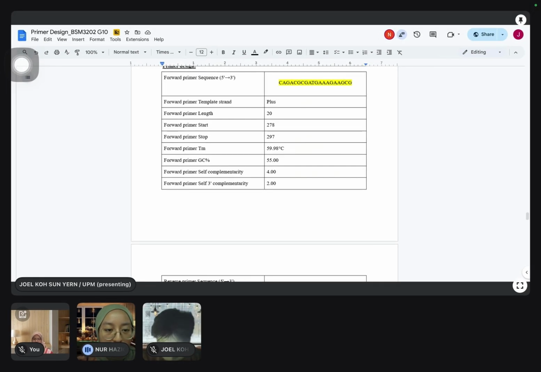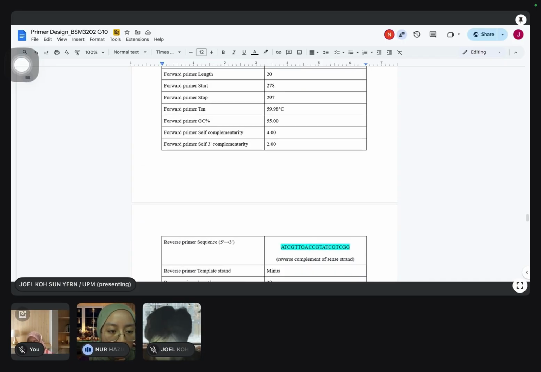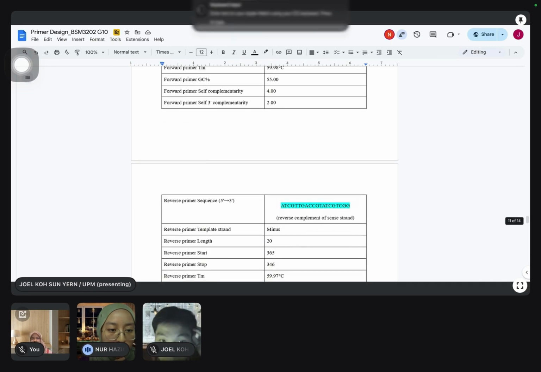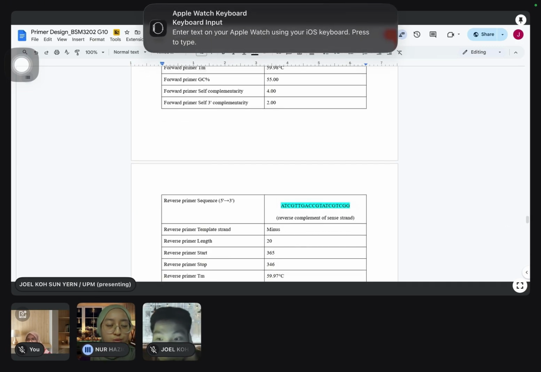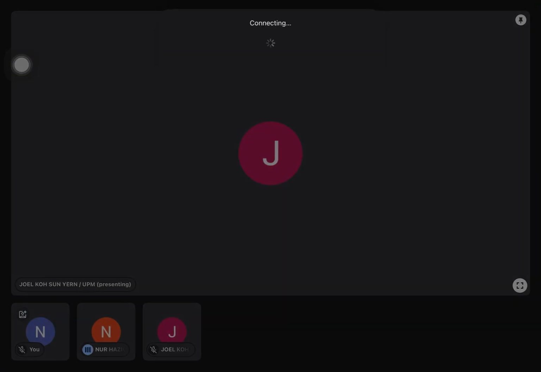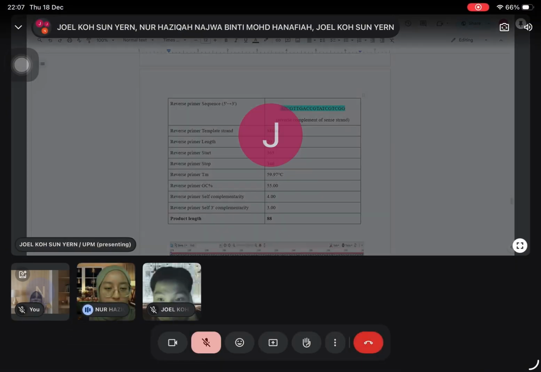Its melting temperature is 59.998 degrees Celsius, and the GC content for the forward primer is 55. The self-complementarity is 4, and its self 3' complementarity is 2, which is low and stable. Then move on to the reverse primer sequence.